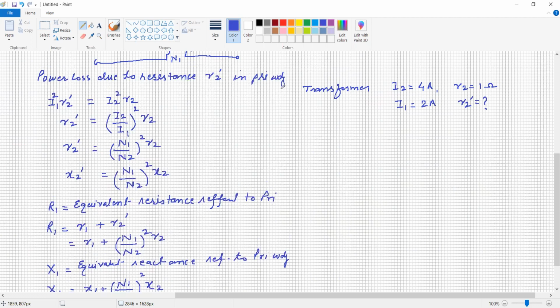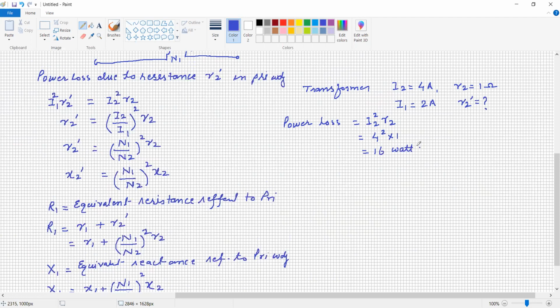Okay, so in this case we can write power loss is equal to I2 square R2, which is equal to 4 square multiplied by 1, so it is 16 watt.